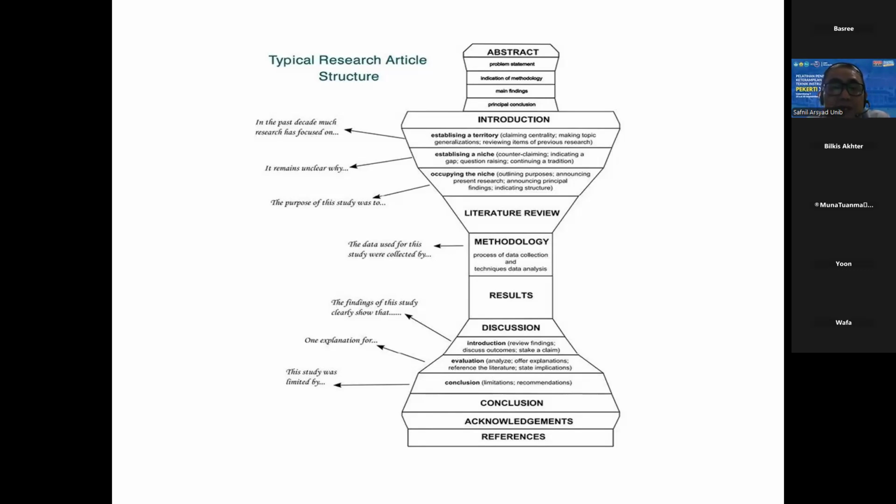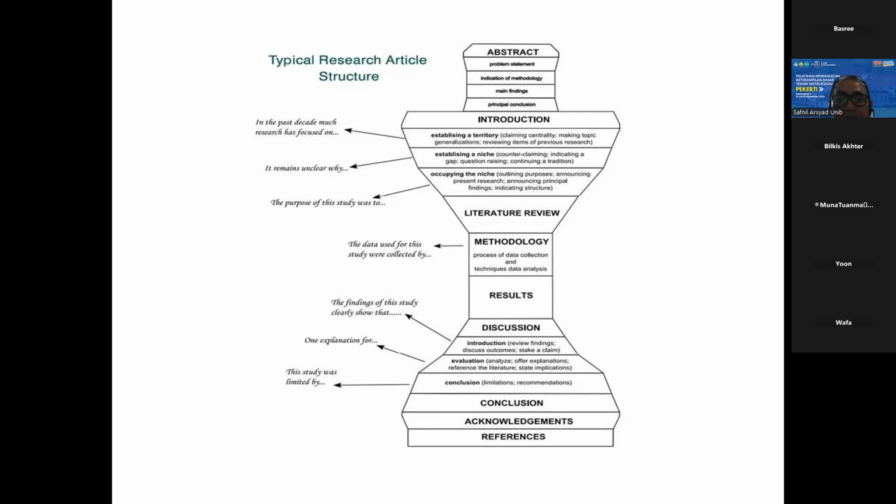So if you are interested in doing research to study research articles, you can choose one of these sections. You can choose to study only the abstract, the introduction, only the literature review, only the methodology, only the results, discussion, or conclusion.